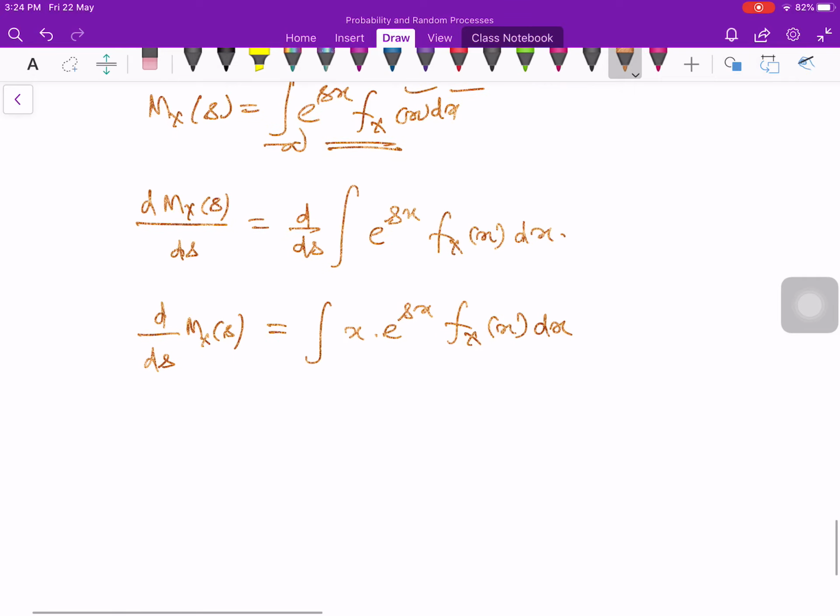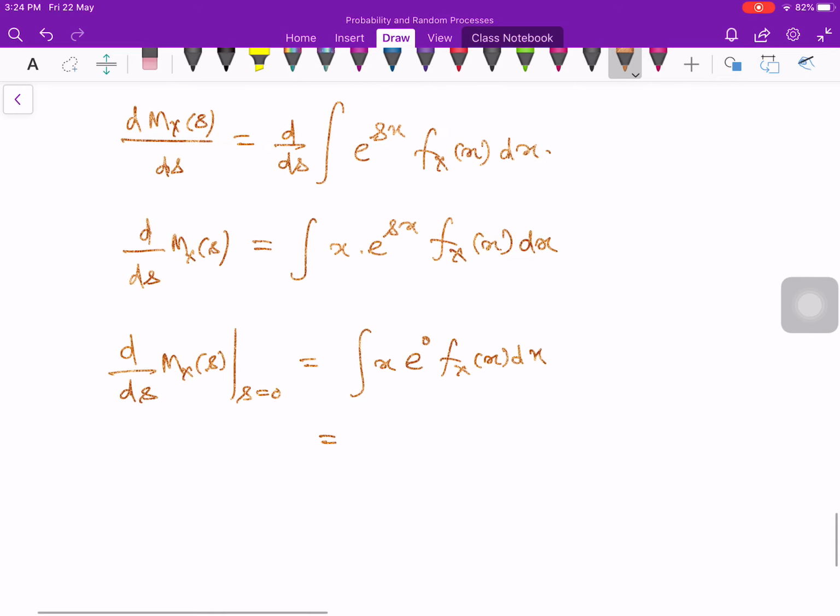Now substitute s equal to 0. This is going to be x times e power 0 times f x of x dx, which I can write as x times f x of x dx. By definition, this is E of x, the first moment of the random variable. Similarly, I can differentiate 2 times and get the second moment.